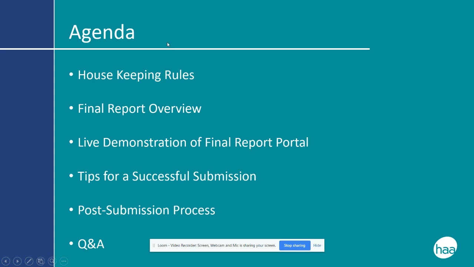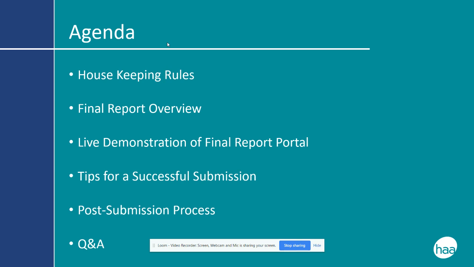So a quick introduction into today's agenda. We're going to be running through a couple of housekeeping rules. Then we're going to look at the final reporting overview of what is a final report and why you have to submit a final report for anybody who's received grants through the Houston Arts Alliance from the City of Houston.